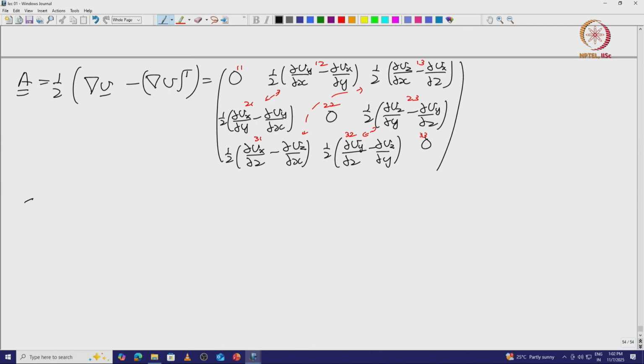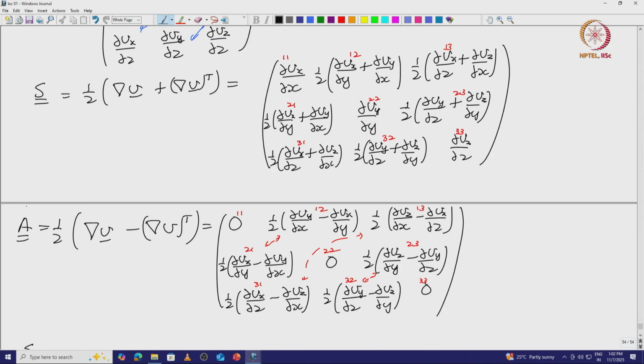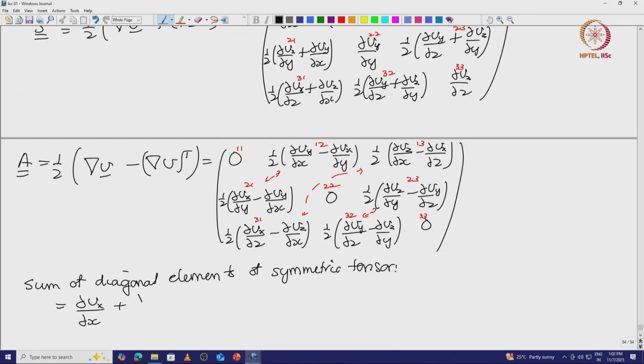If you recall the symmetric tensor, if I take the sum of the diagonal elements of the symmetric tensor, it is equal to partial V x by partial x plus partial V y by partial y plus partial V z by partial z.